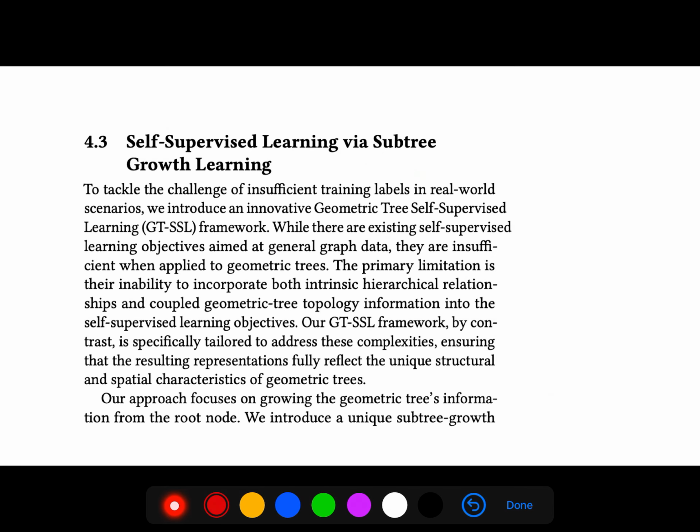To tackle the challenge of insufficient training labels in the real world, we introduce an innovative geometric tree self-supervised learning. While there are existing self-supervised learning objectives, they are insufficient when applied to geometric trees. The primary limitation is their inability to incorporate both intrinsic hierarchical relationships and coupled geometric tree topology information into self-supervised learning objectives.